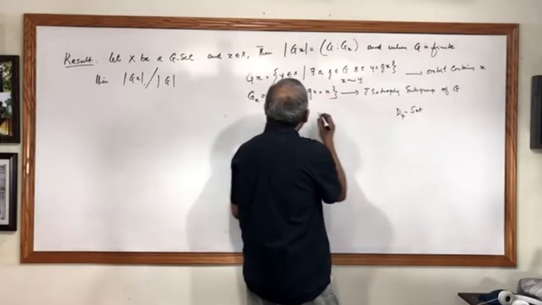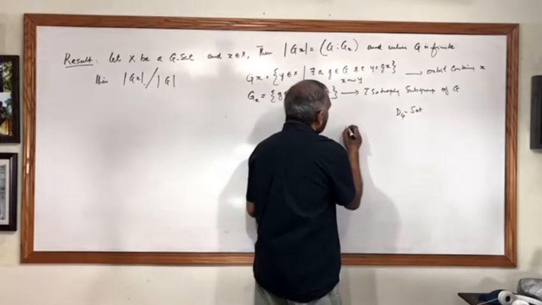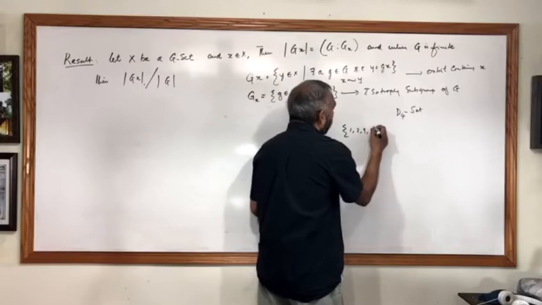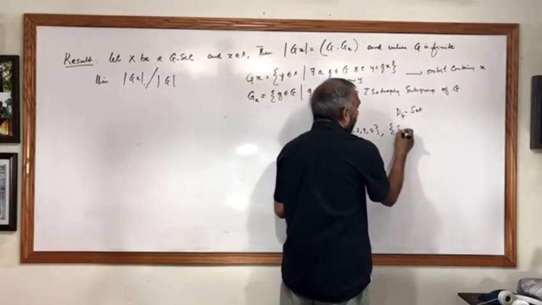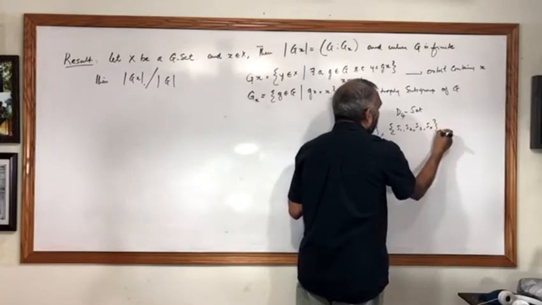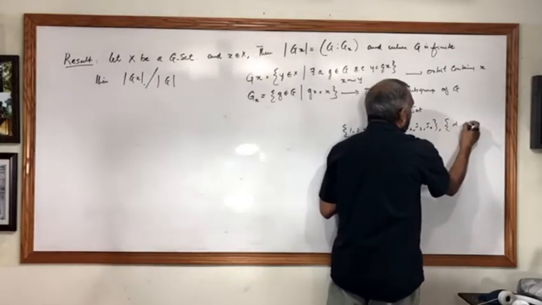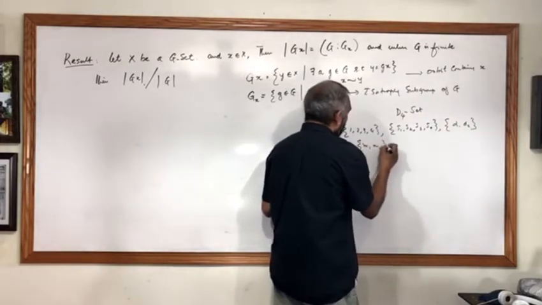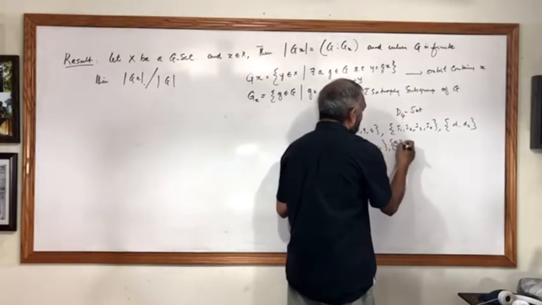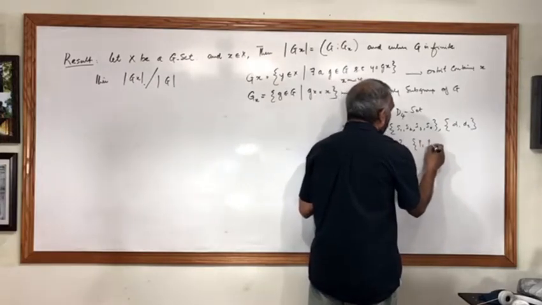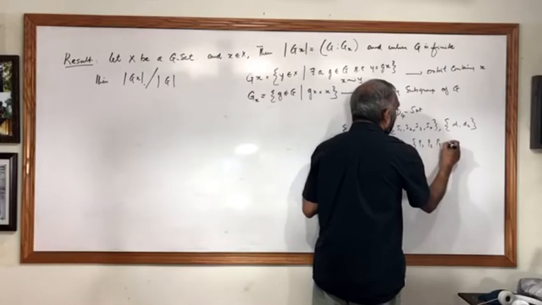Then the orbits of the G-set are 1, 2, 3, 4; S1, S2, S3, S4; D1, D2; M1, M2; then C; then P1, P2, P3, and P4.